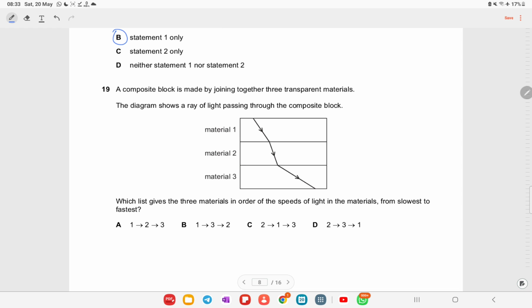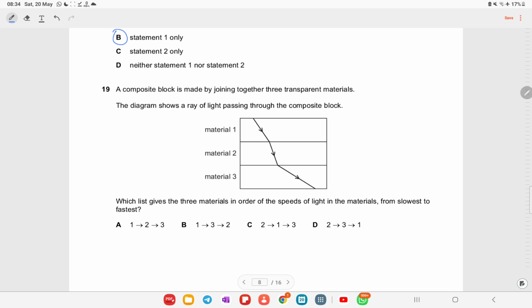A composite block is made by joining together three transparent materials. The diagram shows a ray of light passing through the composite block. Which list gives the three materials in order of speed of light in the materials from slowest to fastest? So over here you can see from this that the least bend is the slowest.